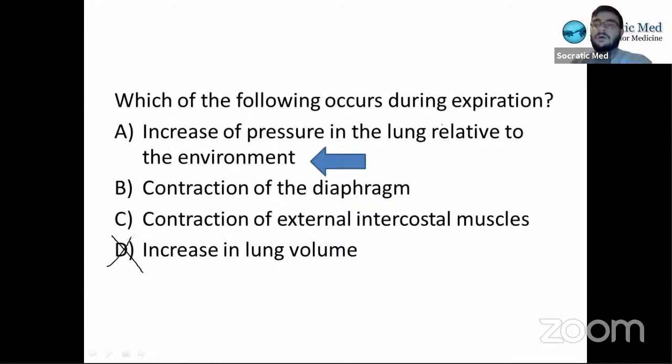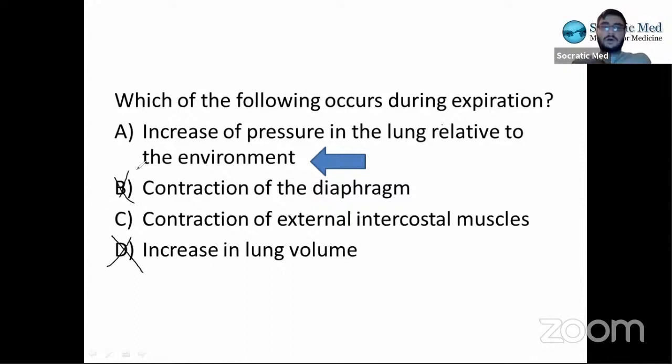When you breathe in, like I mentioned, ribs get pushed out and lungs expand. That's what causes the drop in pressure in the lungs. Actually the opposite would happen during expiration: they would deflate. Contraction of the diaphragm again happens during inspiration rather than expiration. Contraction of the diaphragm causes lungs to expand and lets you breathe in.